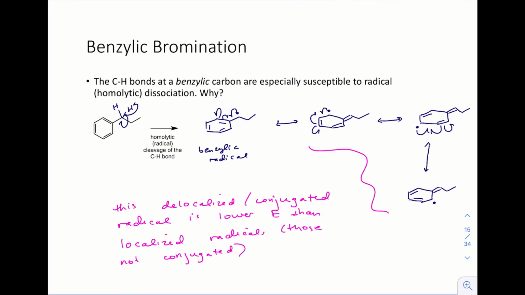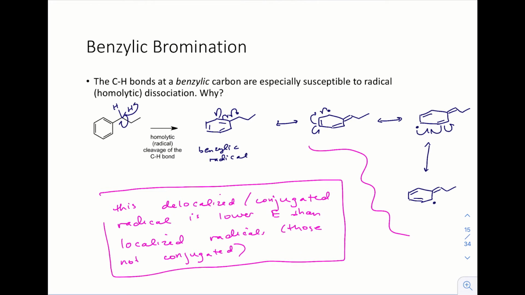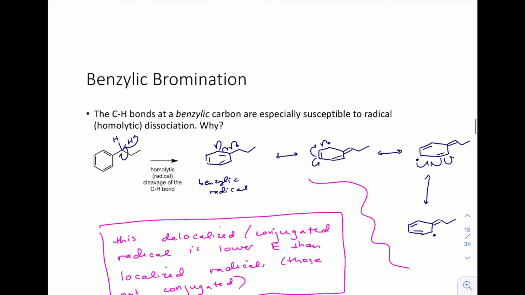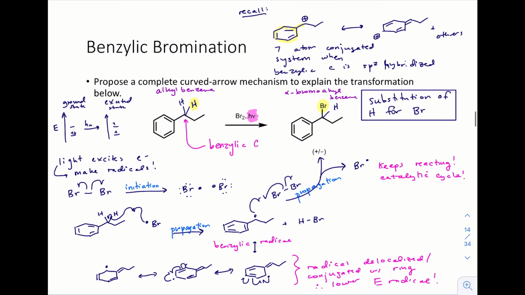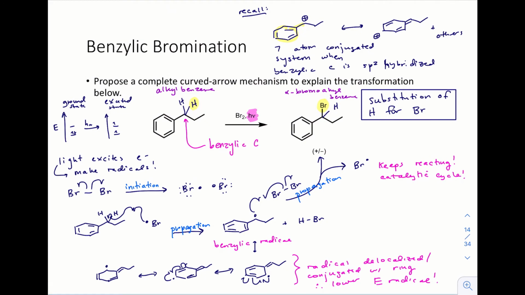I've redrawn those resonance structures here and reminded you that this delocalized or conjugated radical is lower energy than those that are not conjugated, so localized radicals. And thus, the benzylic CH bond can undergo a substitution reaction with bromine via this radical pathway.